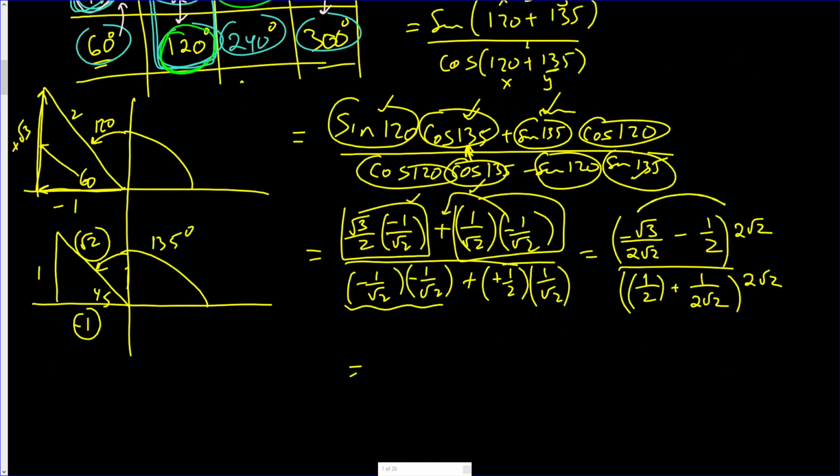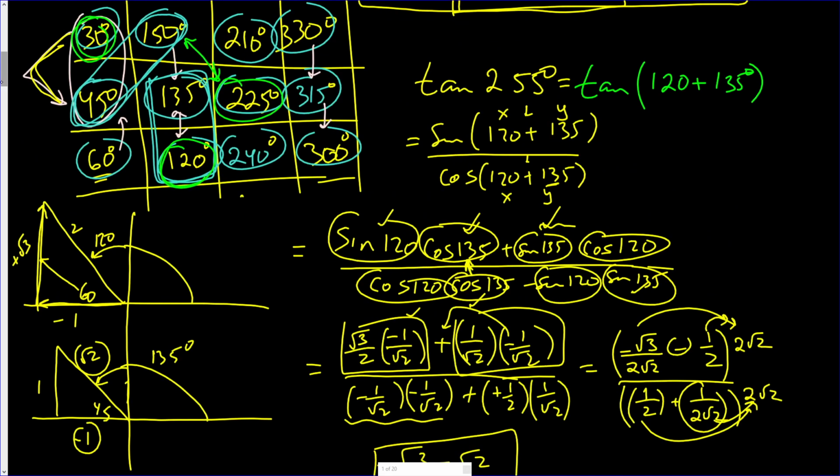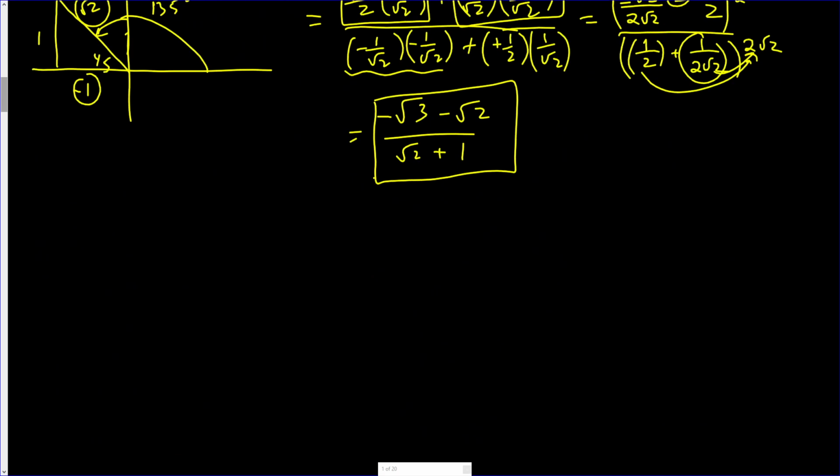This product is just going to be negative square root of 3 minus this product, square root of 2, over this product, square root of 2, plus this product is 1. Here is the exact answer to the tangent of 255. It is the exact answer, no rounding off, no anything.